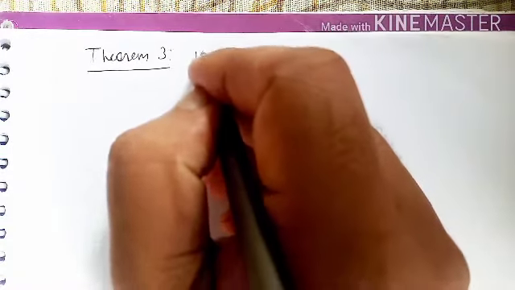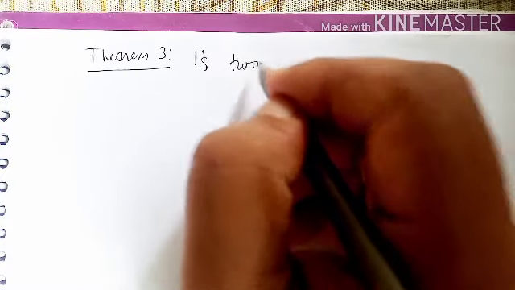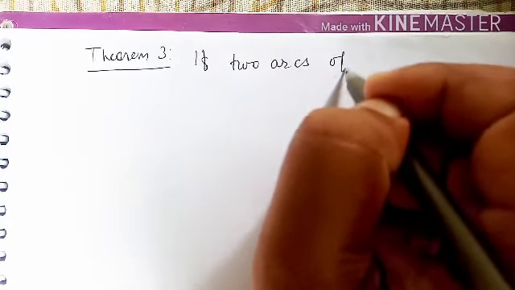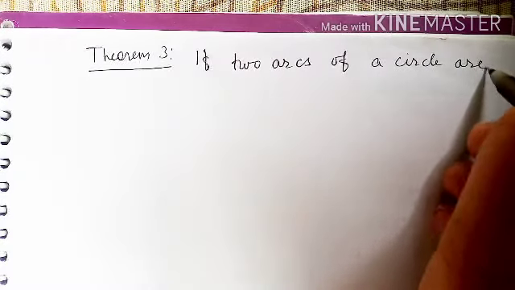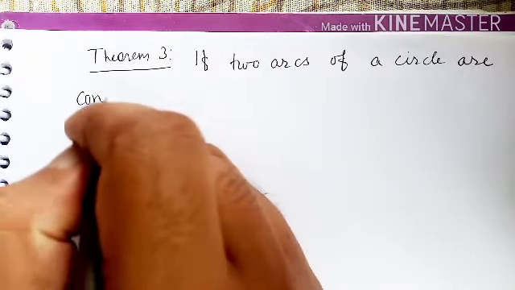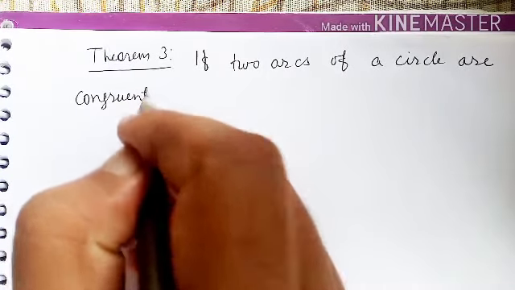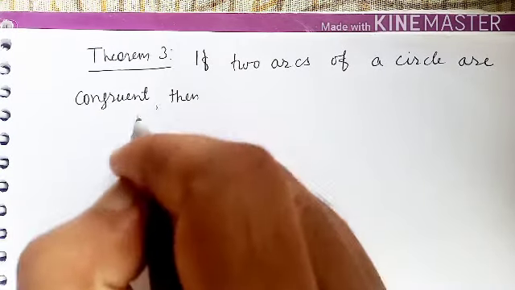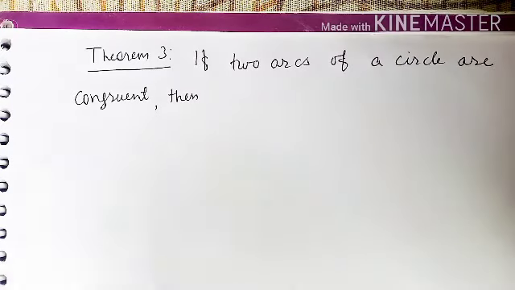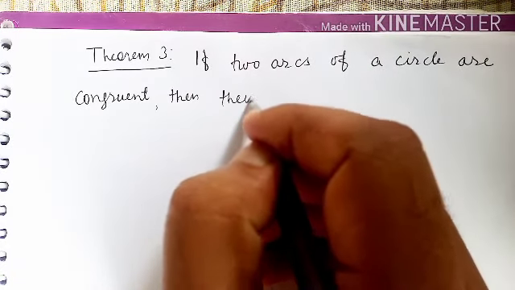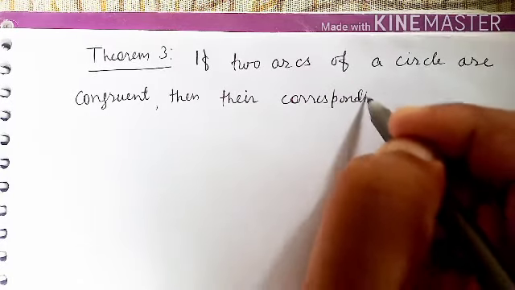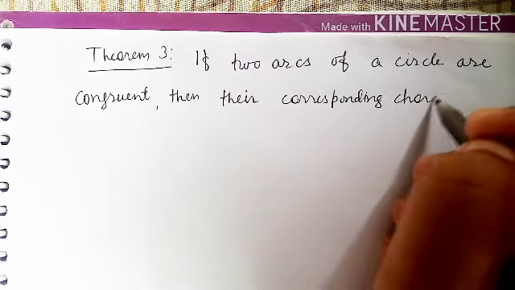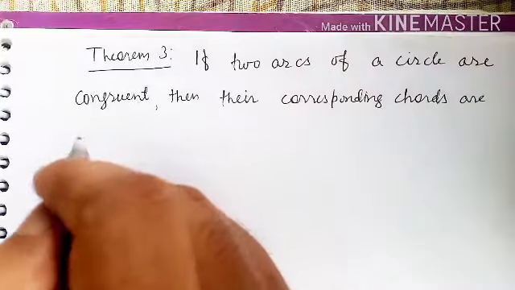Theorem 3. If two arcs of a circle are congruent, then their corresponding chords are equal.